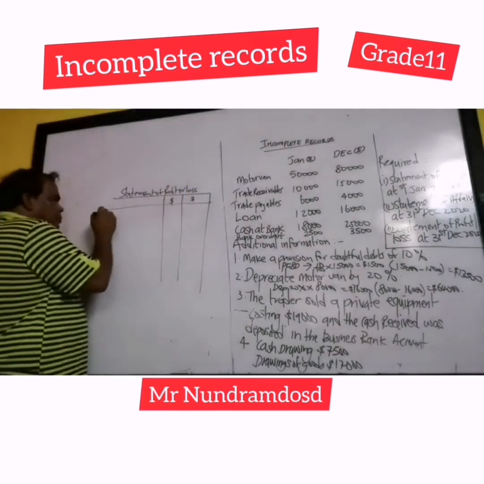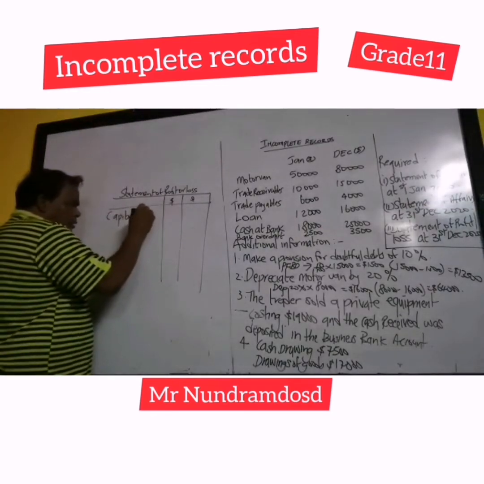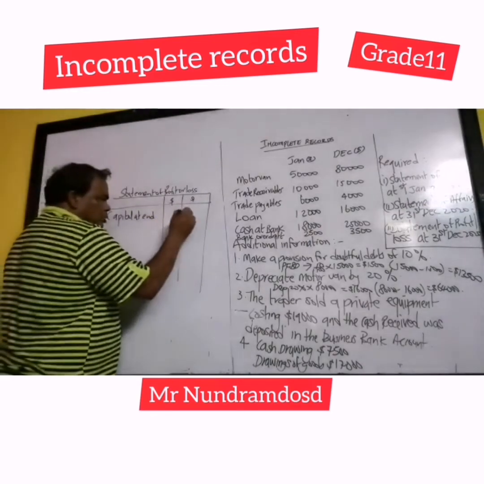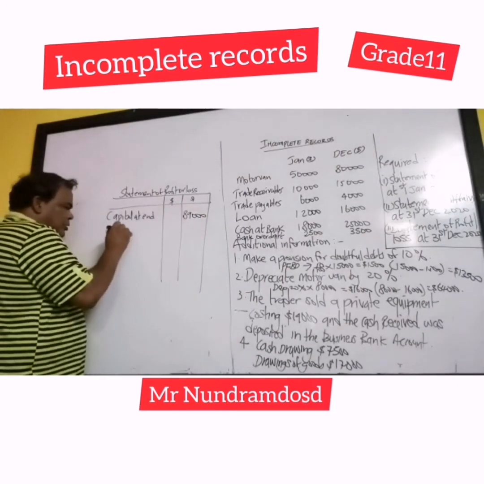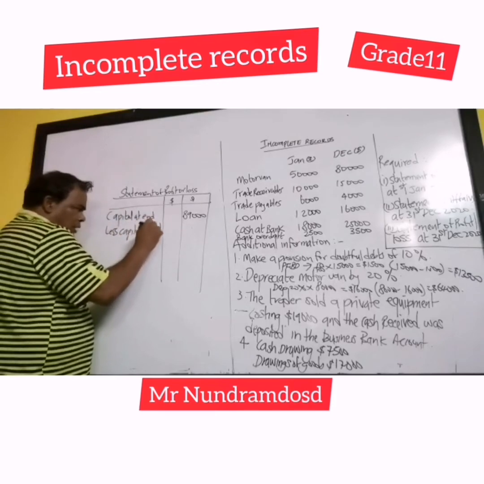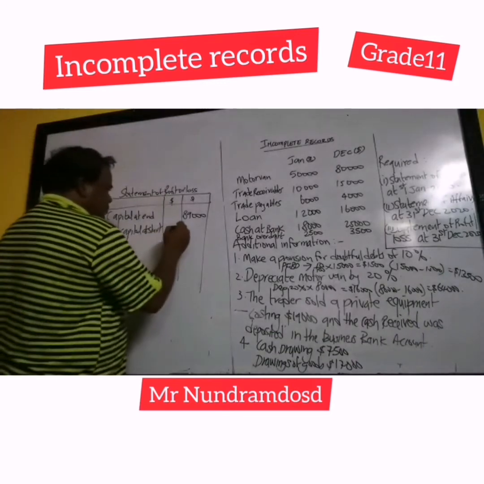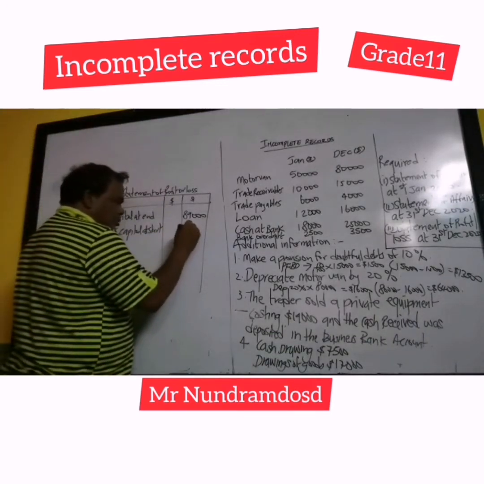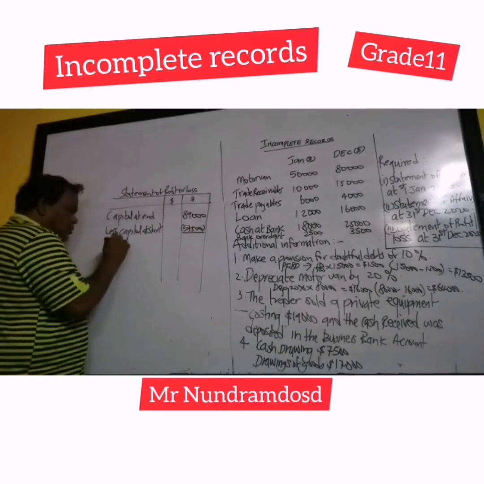Here we will have capital at N, it is a format given to you. Capital at N, how much did we have? 89,000. Less capital at start. We have calculated capital at start as 57,500.